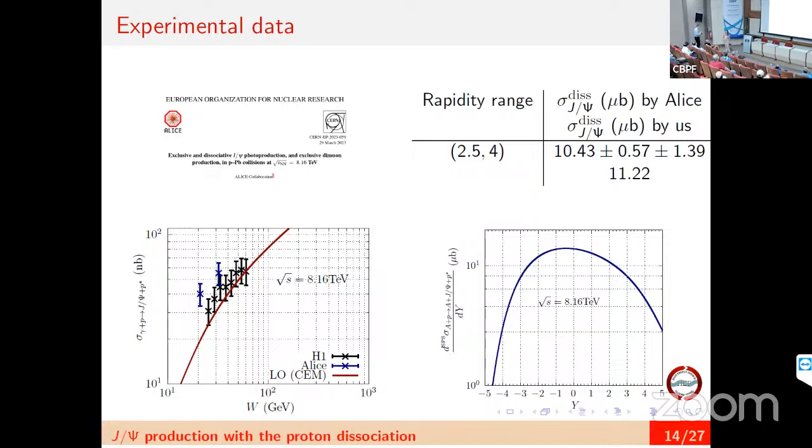I think this color evaporation model doesn't care about the color degrees of freedom, right? You just calculate the c-cbar pair, and with a kind of conversion coefficient, it directly produces J-psi. You don't track whether it's color singlet or octet. So this is just the color evaporation model.